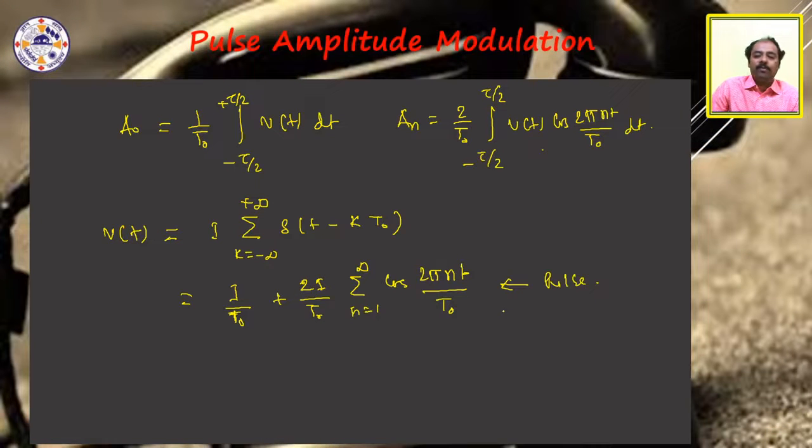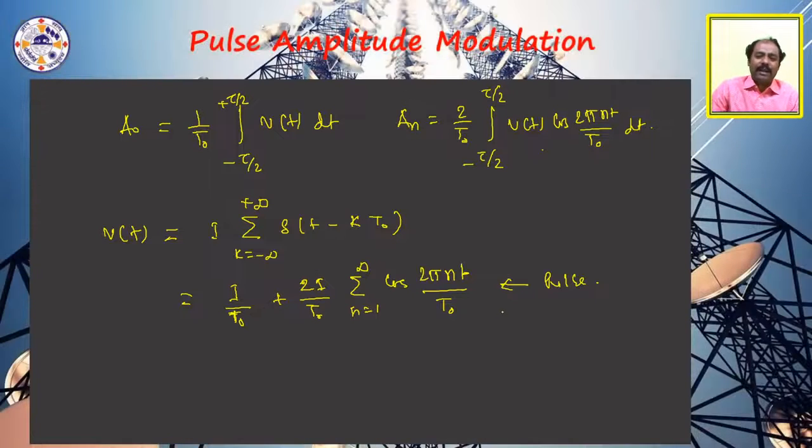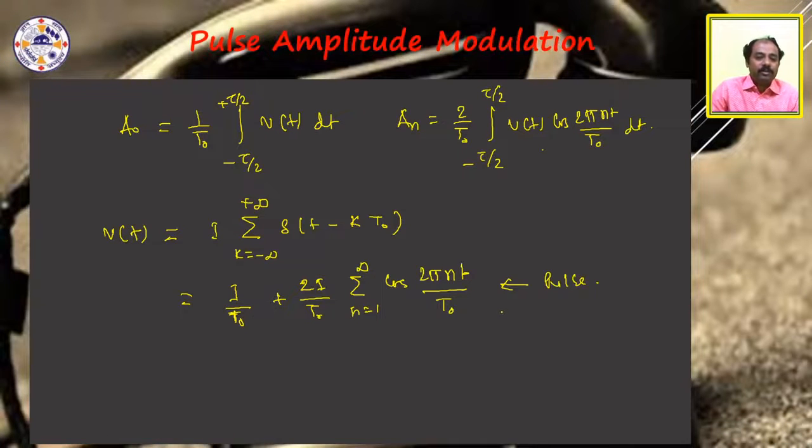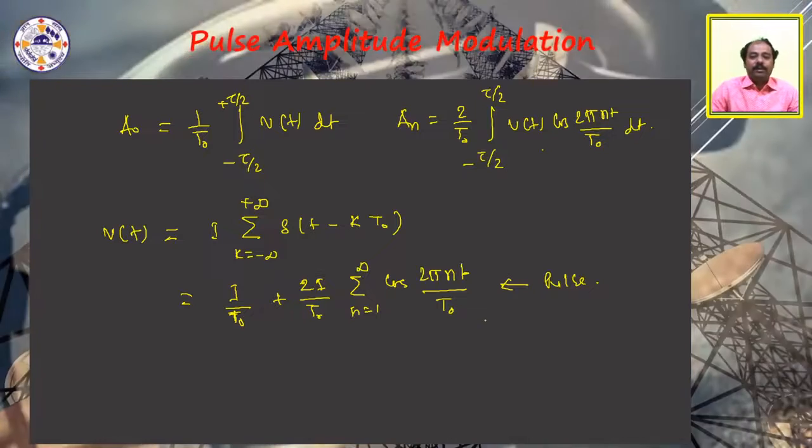Now pulse amplitude modulation comes under the common name pulse modulation, and pulse amplitude modulation is the most famous. There are various kinds of pulse modulation like pulse position modulation, pulse time modulation, frequency modulation, etc. So we are going to discuss here the pulse amplitude modulation.